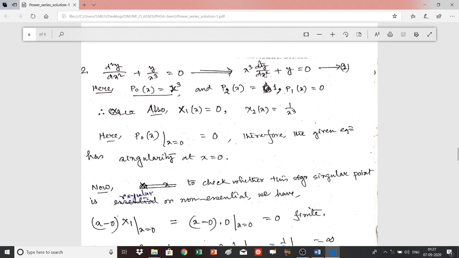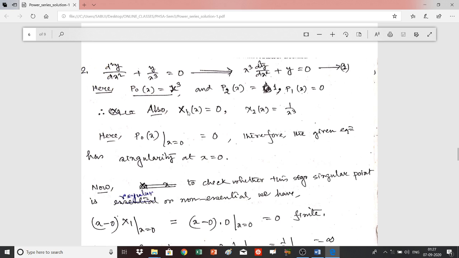So comparing this equation to the general form of linear homogeneous equation, that is P0 d2y by dx square plus P1 into dy by dx plus P2 into y is equal to 0, we can easily understand that P0 function of x is equal to x cube, and P1x is absent here, so P1x is equal to 0, and P2x is equal to 1.